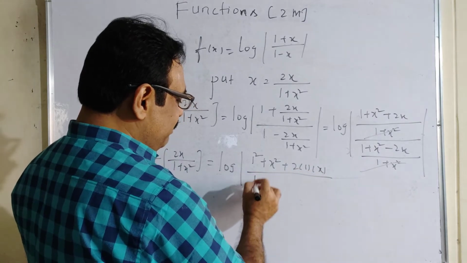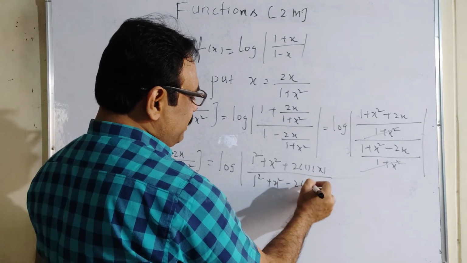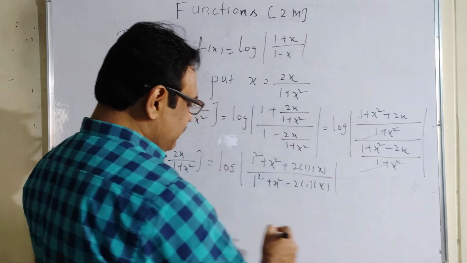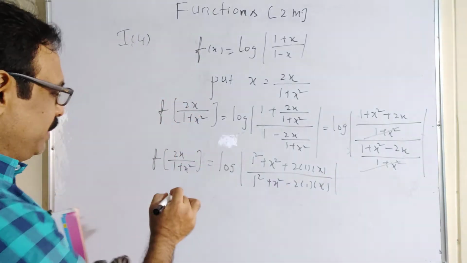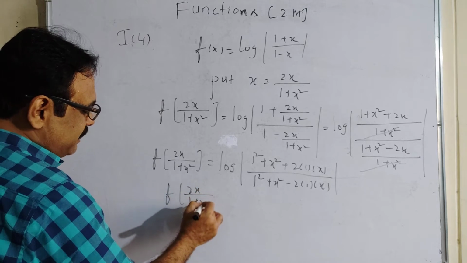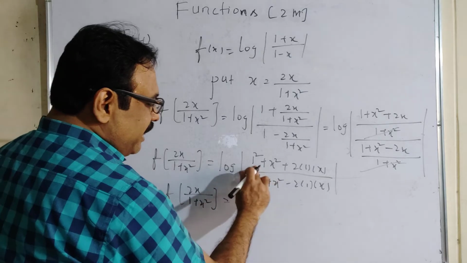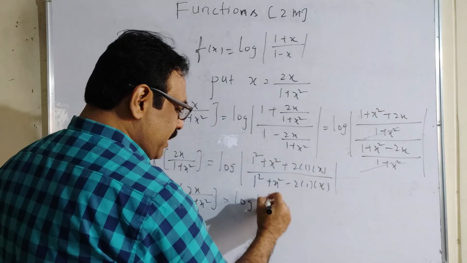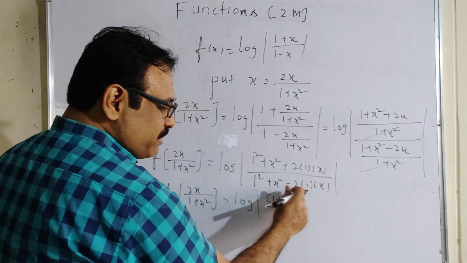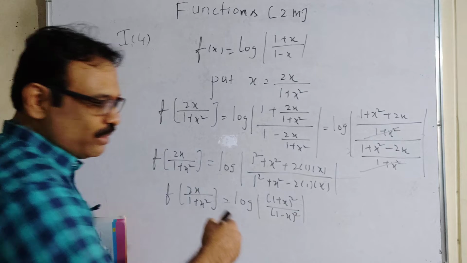Now in the denominator, 1 square plus x square minus 2 into 1 into x. Next, f of 2x by 1 plus x square: a square plus b square plus 2ab is 1 plus x whole square, and a square plus b square minus 2ab is (1 minus x) whole square.